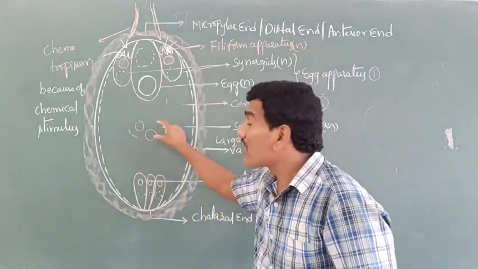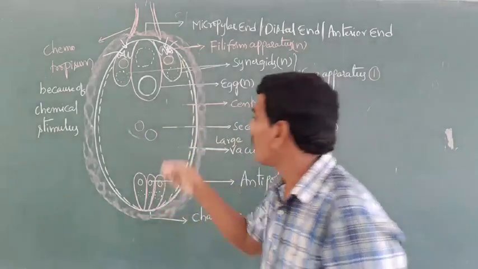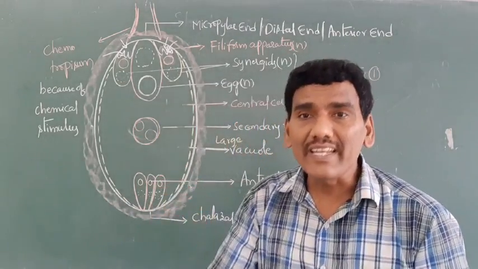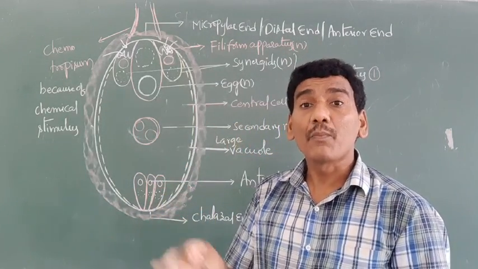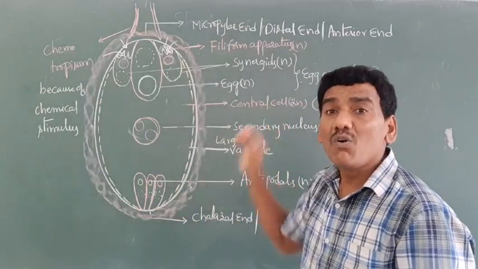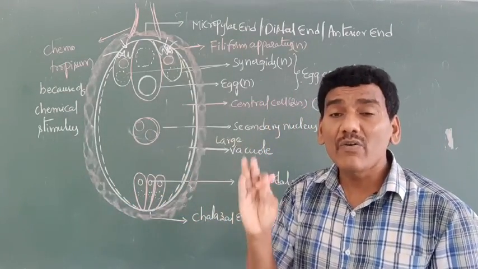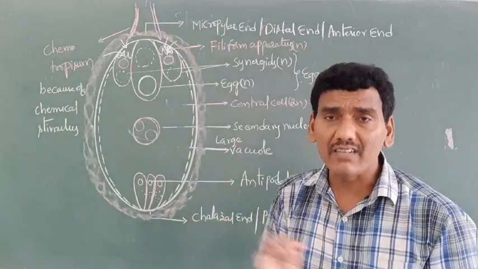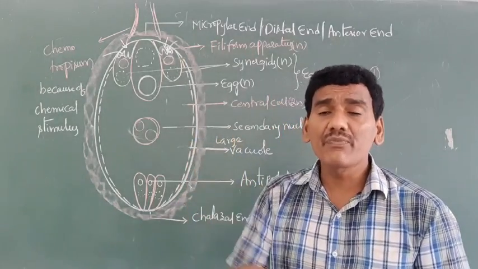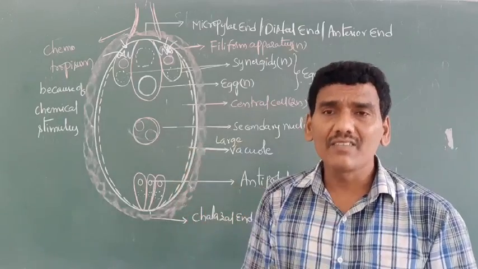The two polar nuclei fuse to form a diploid nucleus. The diploid nucleus is also known as the secondary nucleus. How is the secondary nucleus developed inside the central cell? The secondary nucleus is formed from the fusion of two polar nuclei.